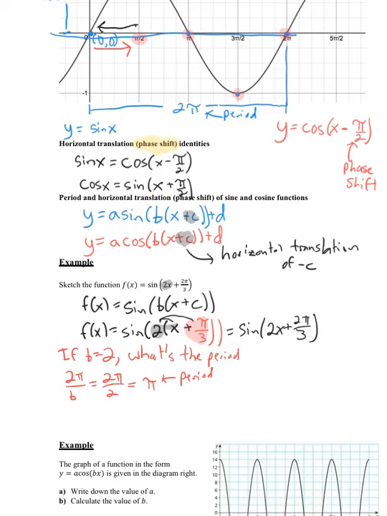If I were just to sketch the function, just do a quick sketch, I'm probably going to want to do just one period of it. It doesn't give me a specific interval to do this on. I'm going to start at 0. It's a sine function. I'm going to go up to my maximum, back to 0, to my minimum, back to 0. And I know this thing's ending at pi.